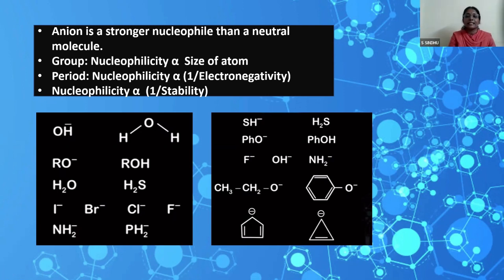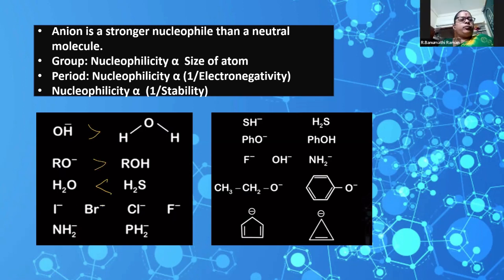And the next set, we have SH minus and H2S. SH minus. The first two, no doubt, because it's the anion versus neutral molecule. And SH minus and phenoxide ion. When it comes to fluoride, hydroxide, and NH2 minus, what will be the order?